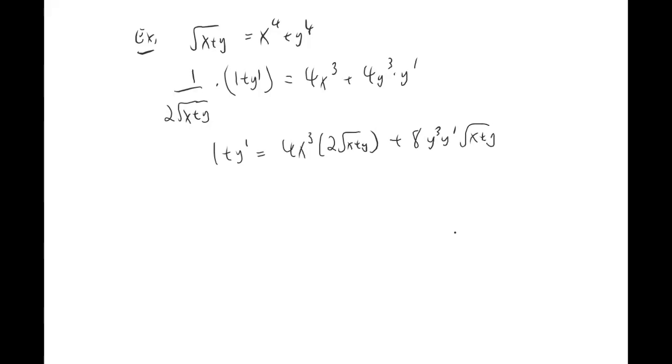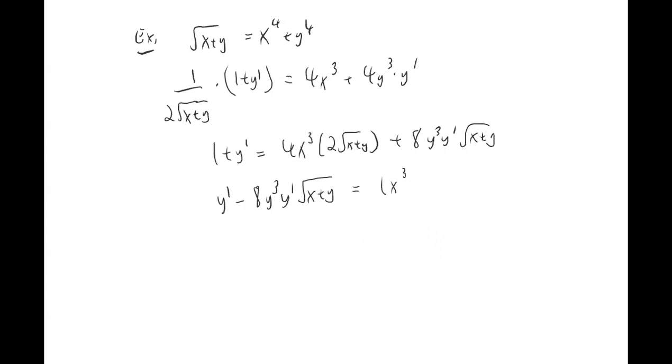Again, isolate the y primes. So y prime minus y prime times 8y cubed y prime square root of x plus y equals, what is that? 4x cubed. Oh, this is 8 too. Huh. I don't know why I didn't write 8.